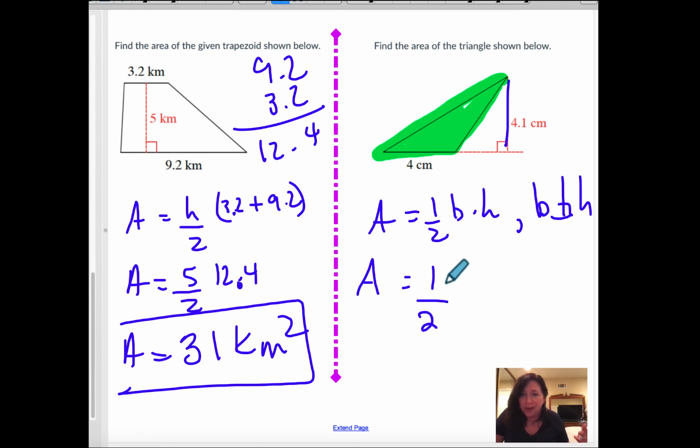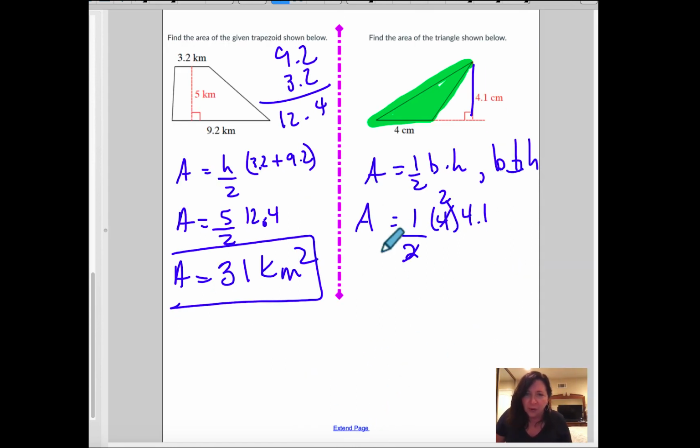So we're going to go 1/2 my base. My base is 4 centimeters. My height is 4.1 centimeters. 1/2 of 4 is 2, and 2 times 4.1 is 8.2. So the area of my triangle is 8.2 centimeters squared.